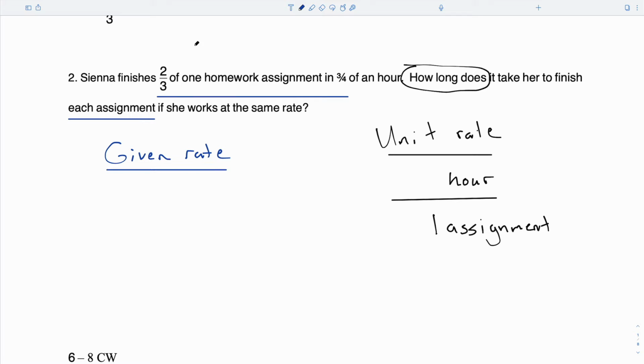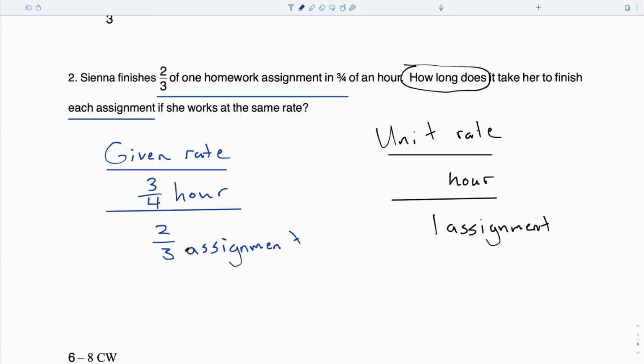This one's tricky because we need to match the units with the unit rate. I want hours on top, so 3/4 of an hour goes on top, 2/3 of an hour goes on bottom. Sorry, not 2/3 of an hour, 2/3 of an assignment. 3/4 over 2/3 looks scary.